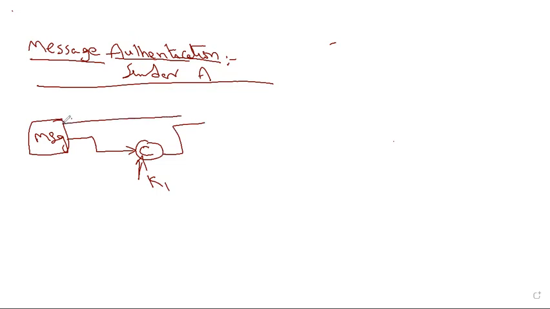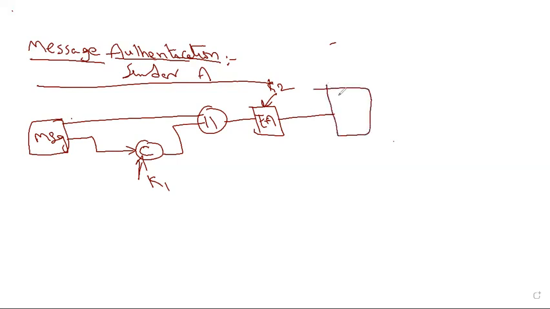This MAC code and message are concatenated. After concatenation, we are going to encrypt the total message. This encryption is conducted by using a key, and this entire information is transmitted to the receiver. So this is the total message.